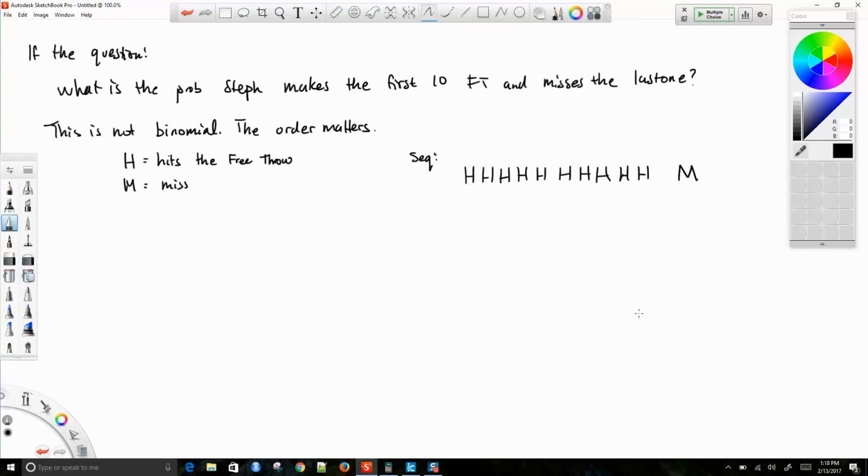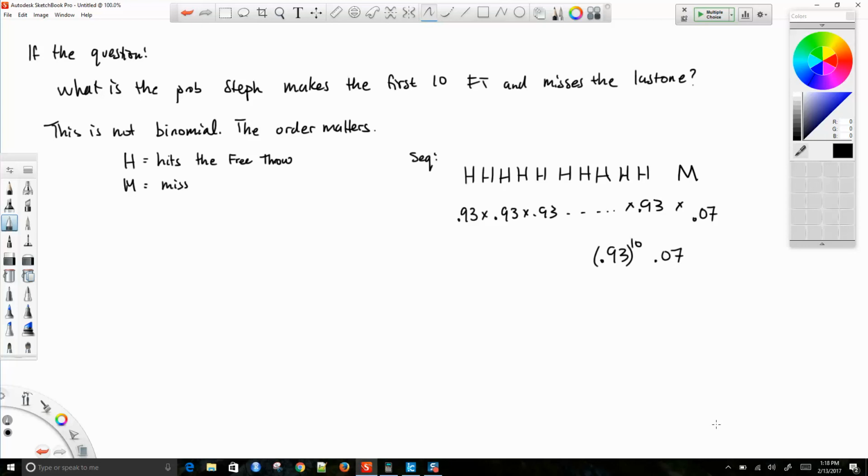If somebody asks, what's the probability of this? You would say what? You multiply the probabilities. Yeah, you would just multiply all of these probabilities together, right? You would just do 0.93 times 0.93 times 0.93 and so on, times 0.93, and then what's the probability of a miss? 0.07, right? And so our result would be 0.93 raised to the 10 times 0.07.